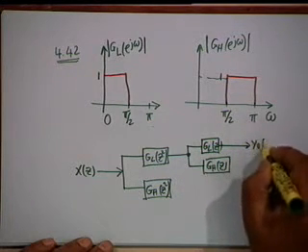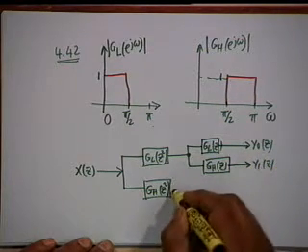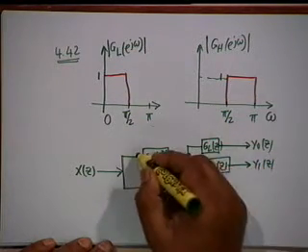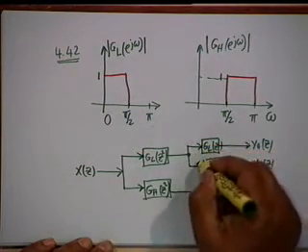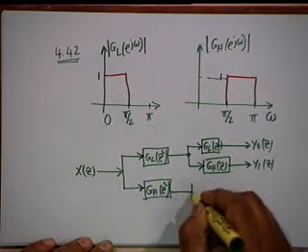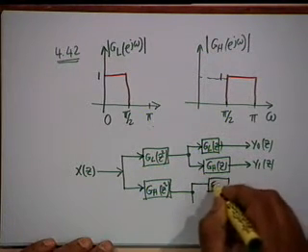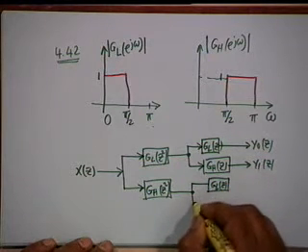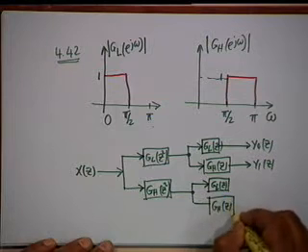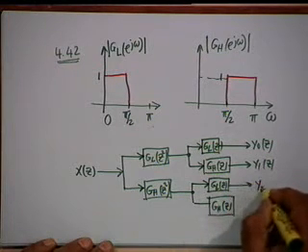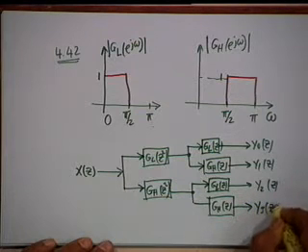This is Y0(z), this is Y1(z). Similarly, this breaks up. Now the importance of the arrows, the signal flow must be indicated. This breaks up into 2, again G_L(z) and G_H(z). This is Y2(z), Y3(z).